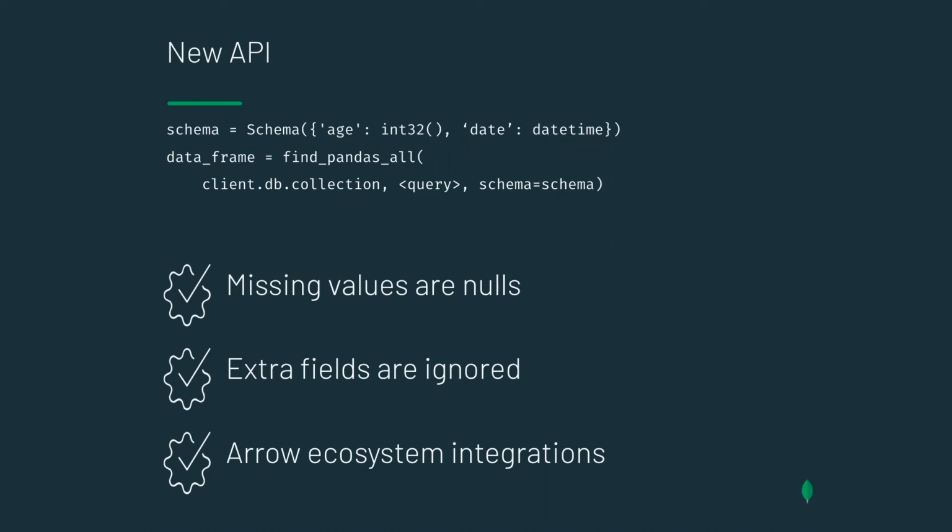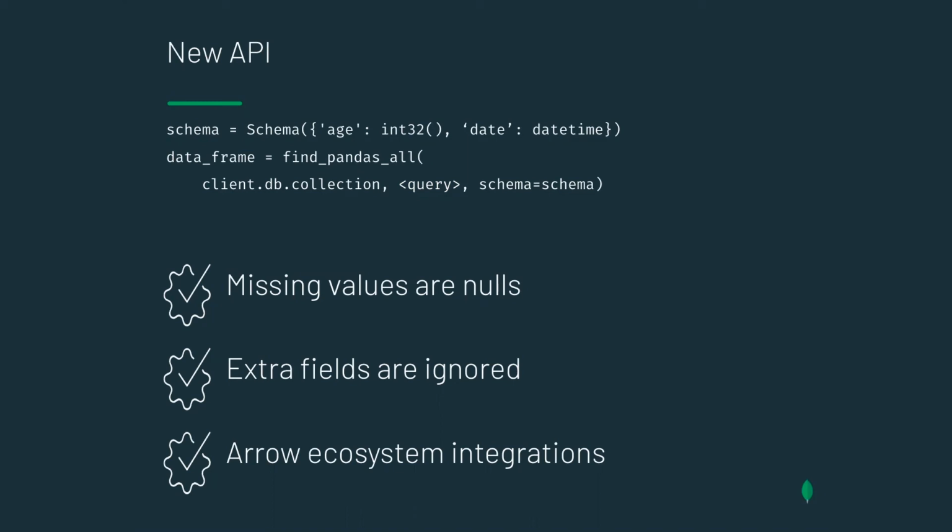A little closer inspection of how this works is, at initialization, PyMongo Arrow will look at the schema defined by the user. And then as it iterates over the fields in your MongoDB documents, we build an Arrow table, giving you a new data set in Arrow table format that matches the query. If there are missing values, these become nulls.